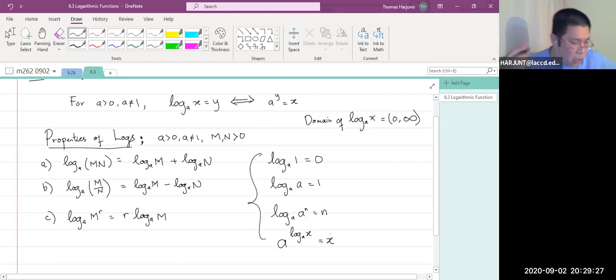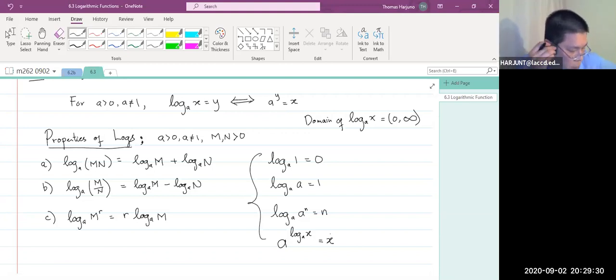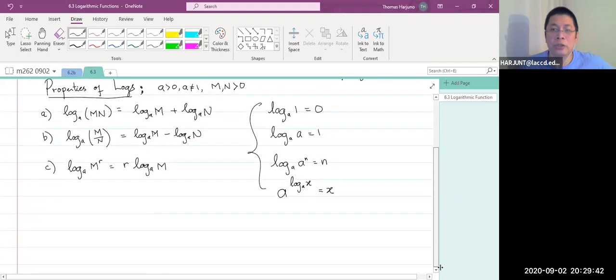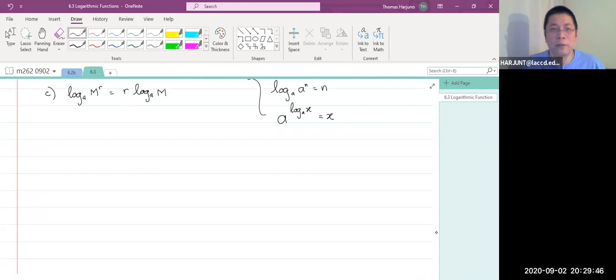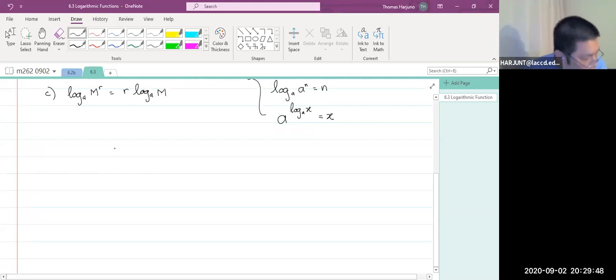Now, I don't want to go over the proof of this. If you want to, take a look in your precalculus textbook. But the domain and range of the log function have a lot to do with the fact that log is the inverse of the exponential function. Let me say it this way.